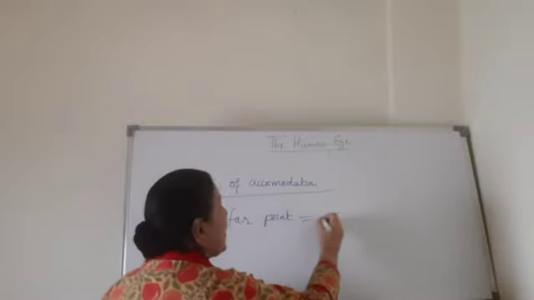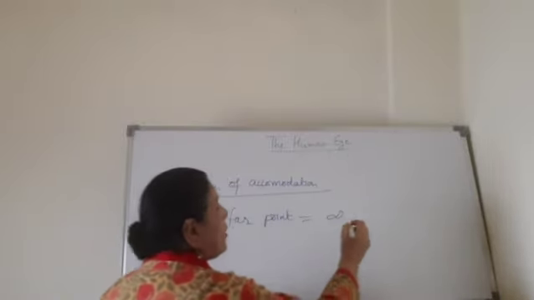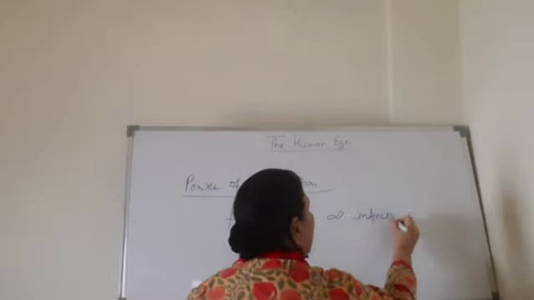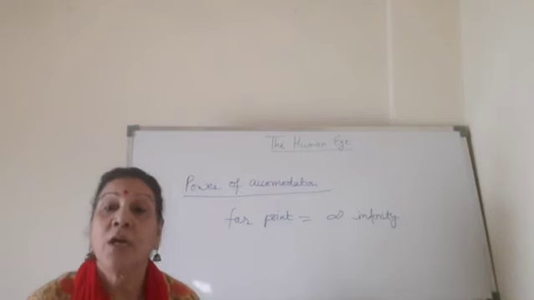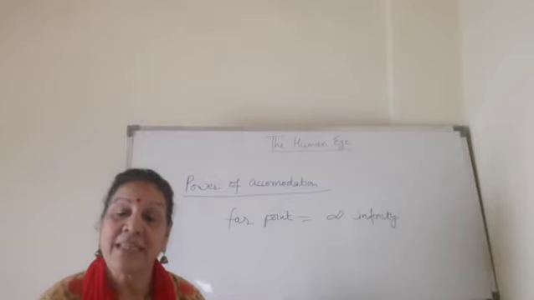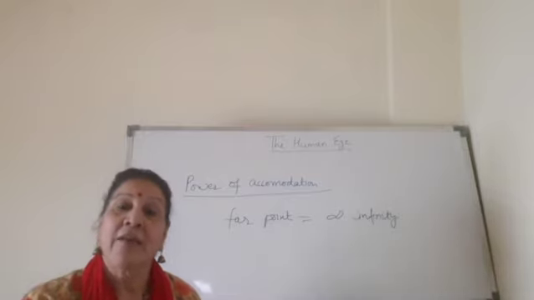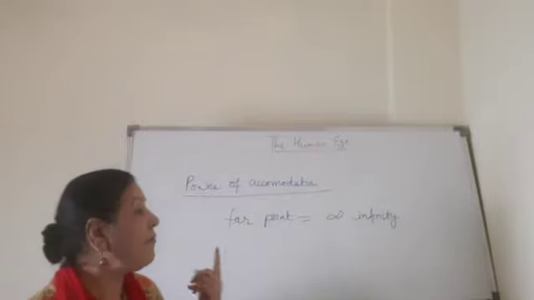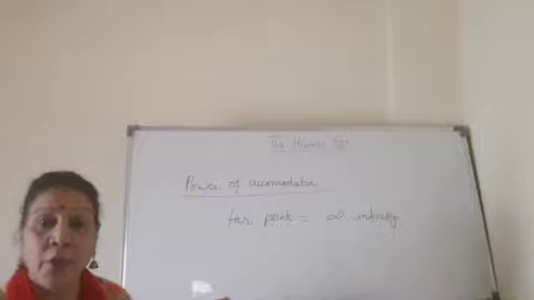So the far point for a normal human eye is infinity. Without too much relaxing or too much straining our ciliary muscles, we can see objects which are at infinity distinctly. So this is called the far point of the human eye.